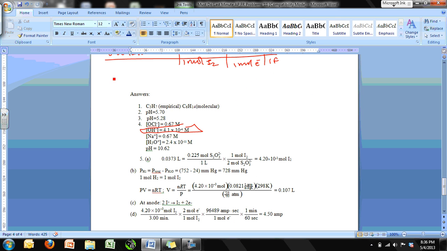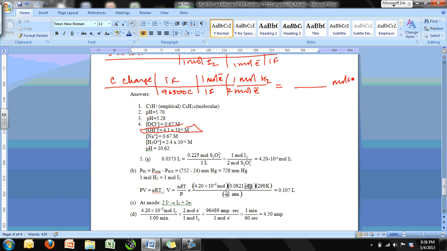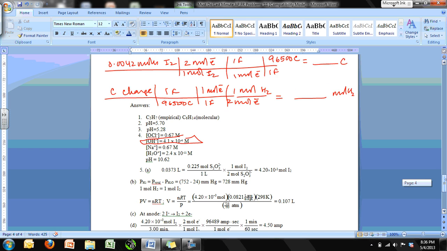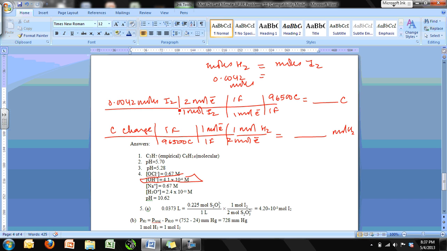You can use the same coulombs of charge and say that 96500 coulombs is 1 Faraday, and 1 Faraday is 1 mole of electrons, and you need 2 moles of electrons to make 1 mole of hydrogen, because of the reduction reaction of water. This way you can get moles of hydrogen. Ultimately, if you take a good look at it, you're canceling out everything. It's the same ratio. Hence, the moles of hydrogen are equal to moles of iodine.